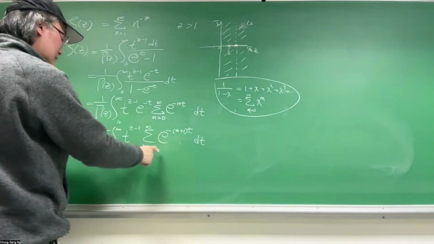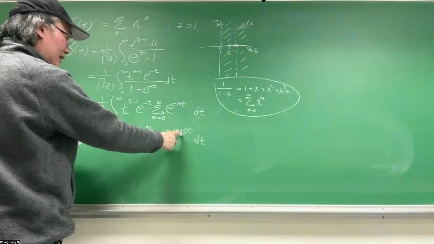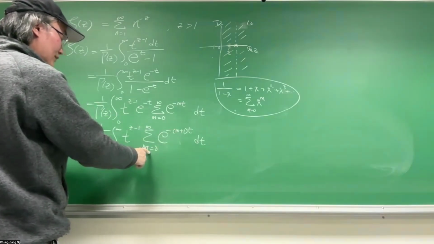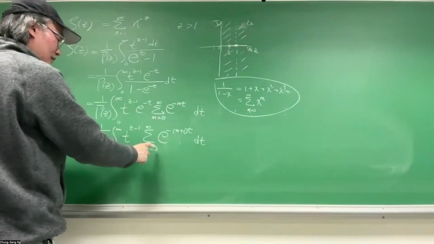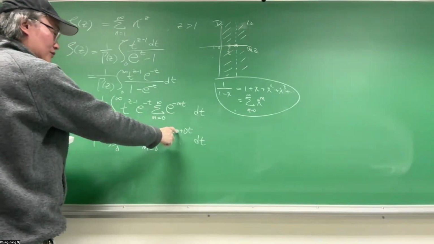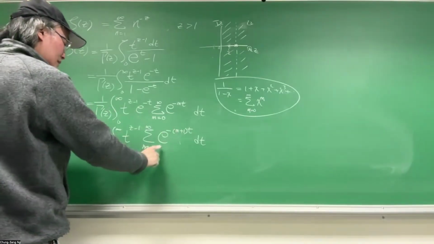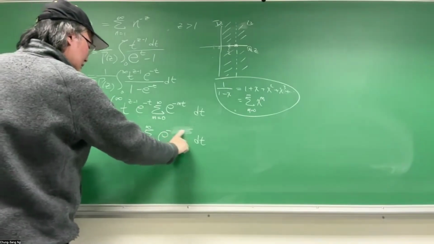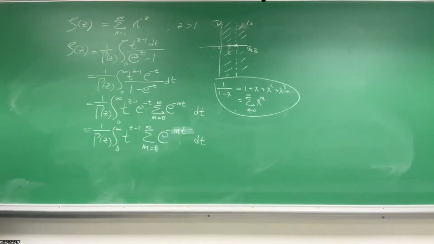Now we can shift this back to m. So m plus 1 goes back to m, and we start with m equals 1, because the first term is when m is 0. So basically we get rid of this one factor and just call it mt. That would be your textbook.